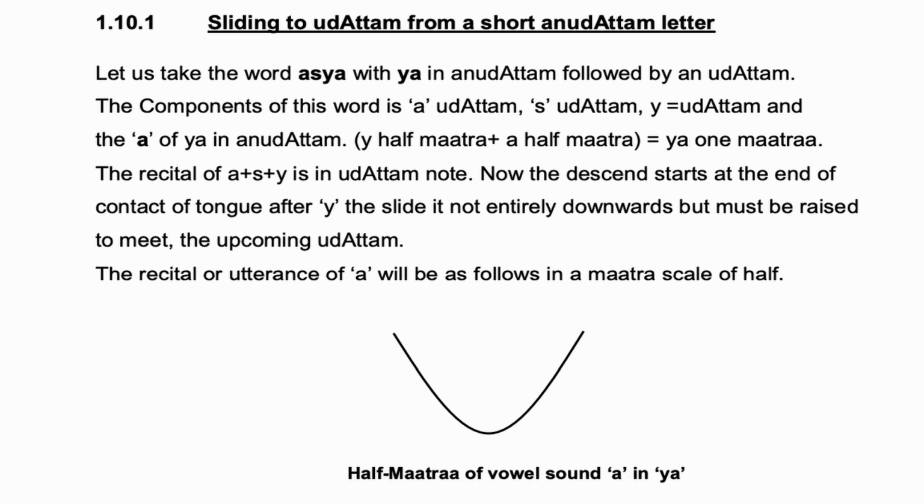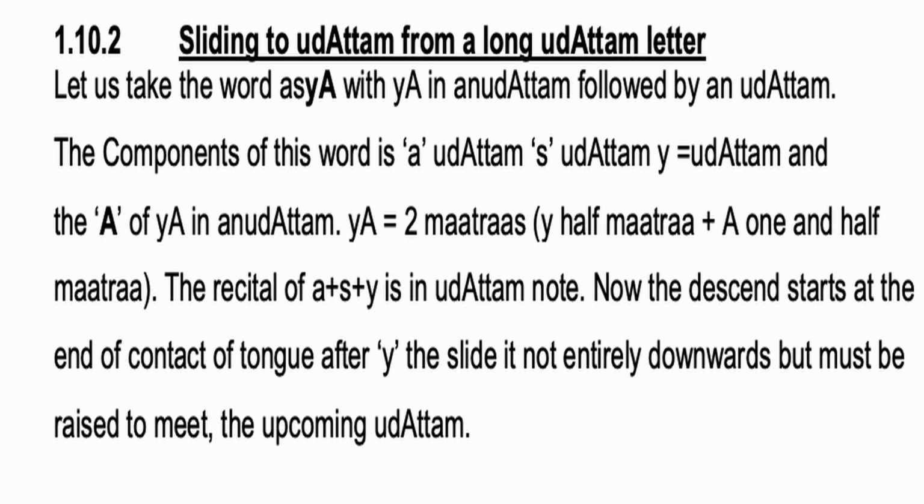Now, what happens if there is an anudatam for the word asya? It is again a is, what is ya? E, the halant with a y, and a long a. The matra for y, e is half, and for a is 1.5. So the sliding, when you say asya, will come for 1.5 matra.